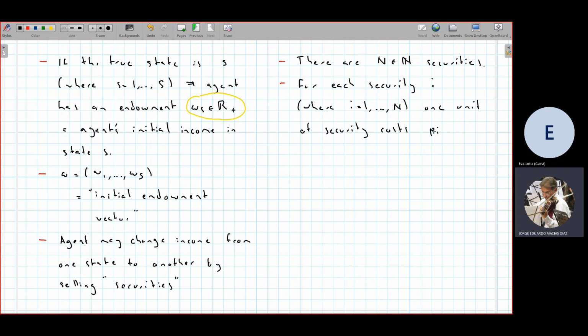So we're going to represent this by pi, and we suppose that pi is greater than or equal to 0.